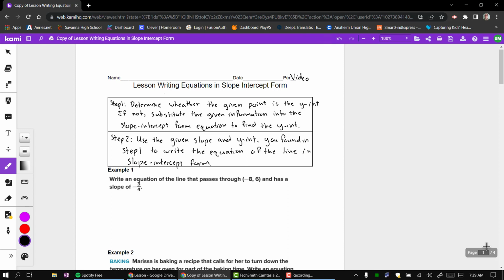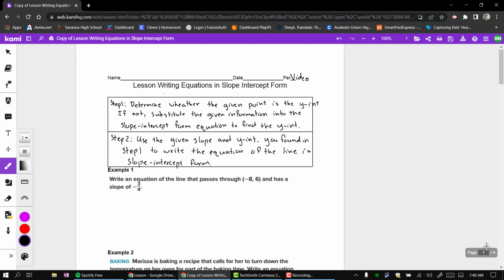So write the equation of a line that passes through negative 8, 6 and has a slope of negative 3/4. So the step one says we want to see, is this my y-intercept? And a y-intercept would have 0 and a number right here. Since it doesn't have 0 for my x value, this is not my y-intercept.